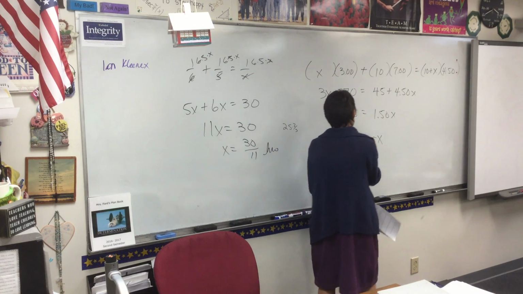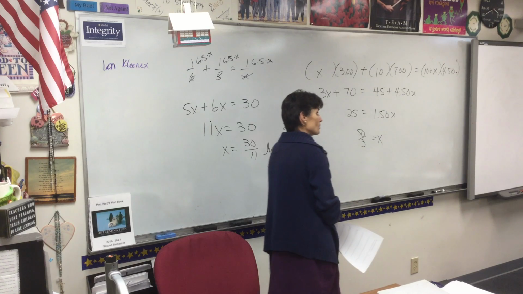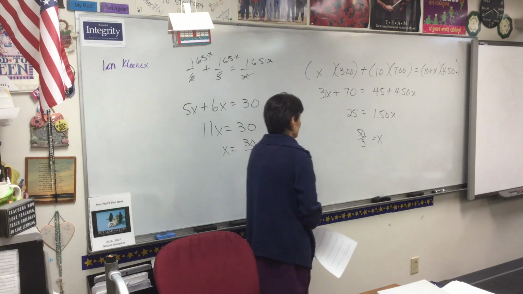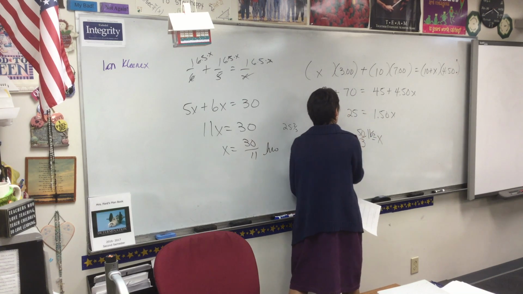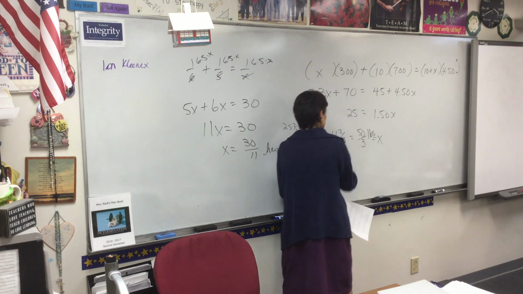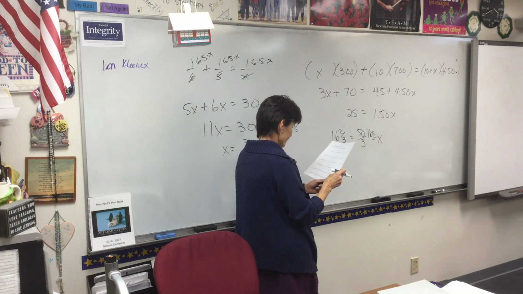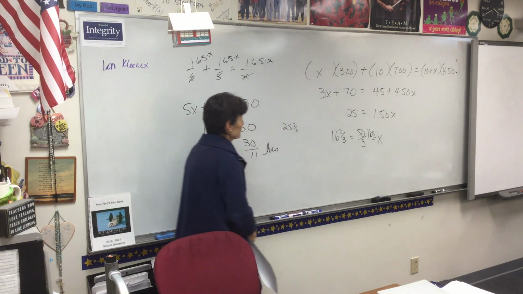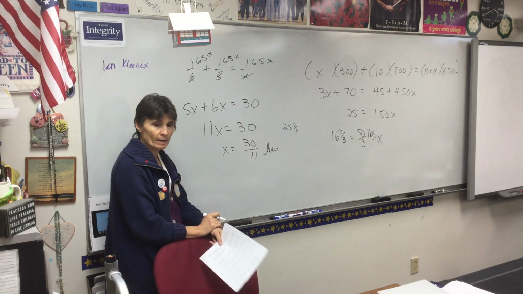I got 50 thirds, which is 16 2/3. Oh wait, is that 16? No, yeah, that would be 16 2/3. Decimal is 16.666, and that would be pounds, right? Yep. 50 thirds pounds. So it's a little tricky on my part.